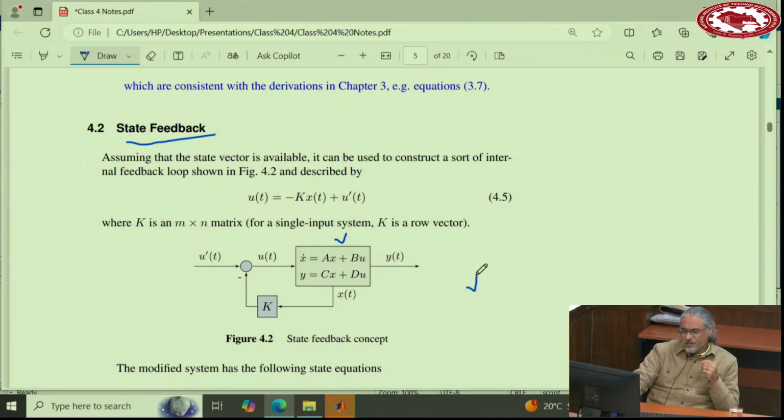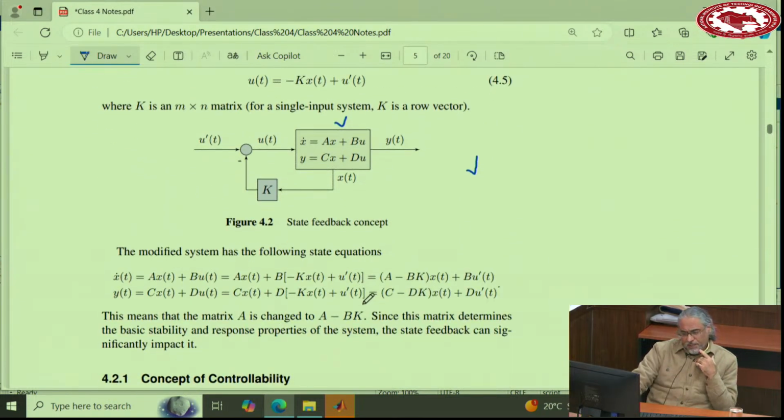So this is generalization of virtual resistance. And you remember virtual resistance was extremely helpful in stabilizing the converter. So in general, this is even stronger than the virtual resistance that we had there. Okay, now let's see what it can do for us, this state feedback. Now that you close the feedback using this state feedback, your equations change to this one.